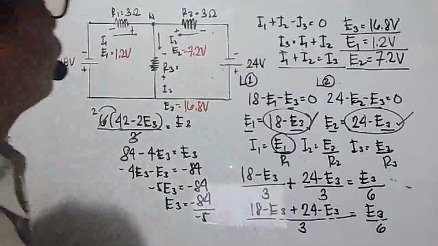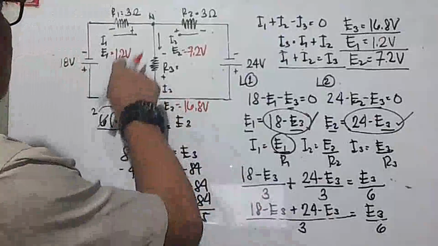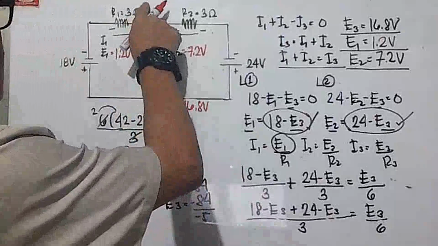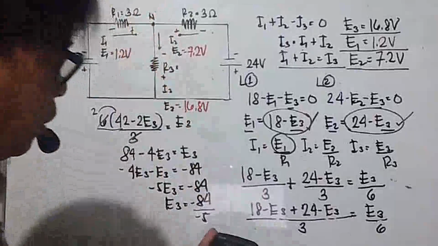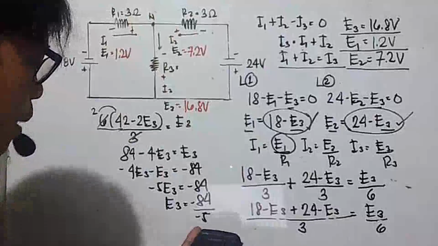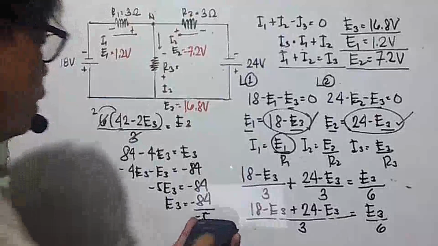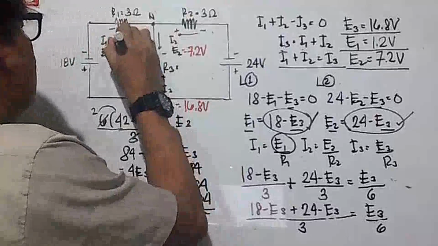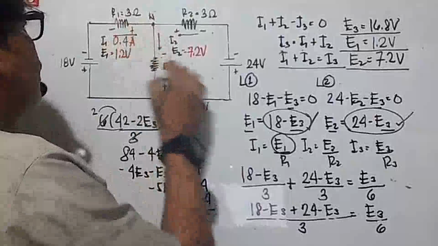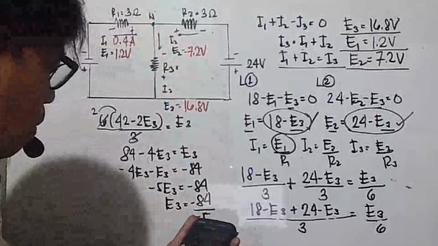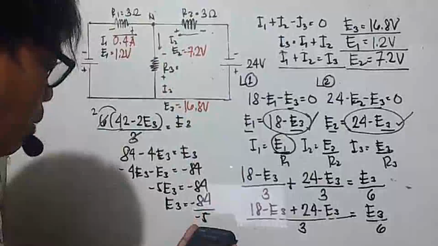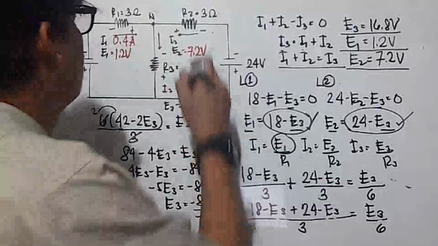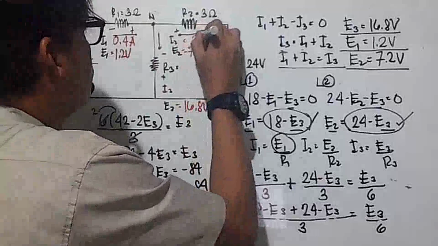Now solving for the current, we have 1.2 divided by 3. I think that's 0.4, to be sure. 1.2 divided by 3, yes, that is 0.4 amperes. And here it's 7.2 divided by 3, that is equal to 2.4 amperes.